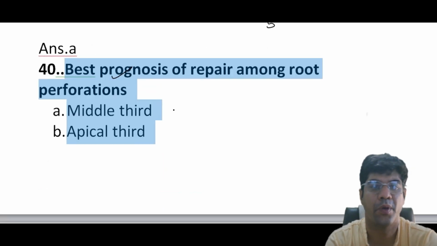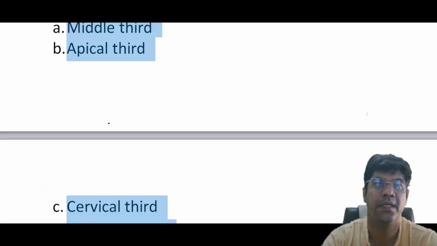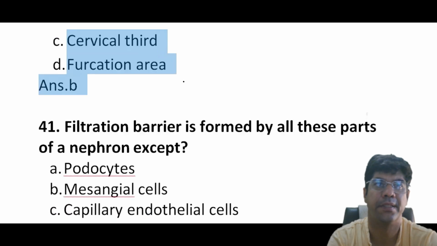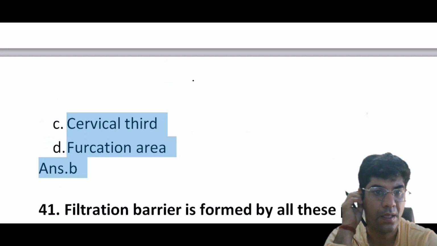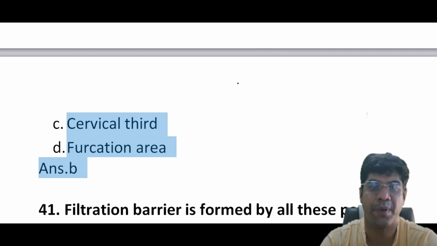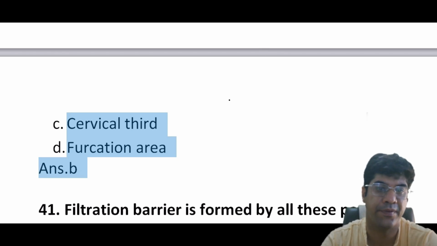The best prognosis of repair among root perforations is in the, remember the answer is the apical third. Remember, repairing a perforation in the apical third of the root typically has a better prognosis.